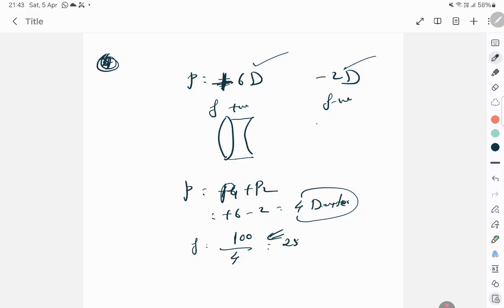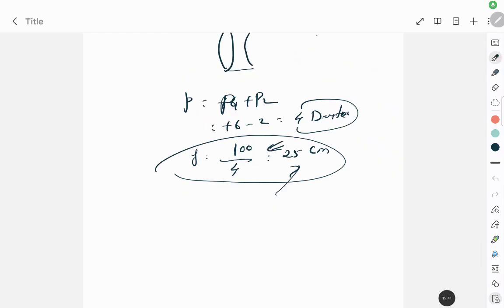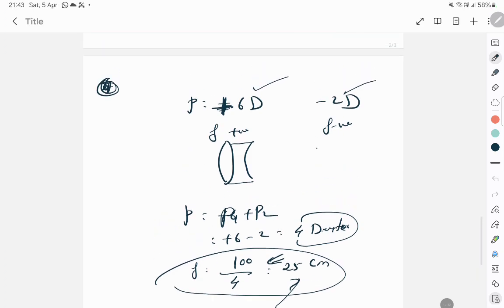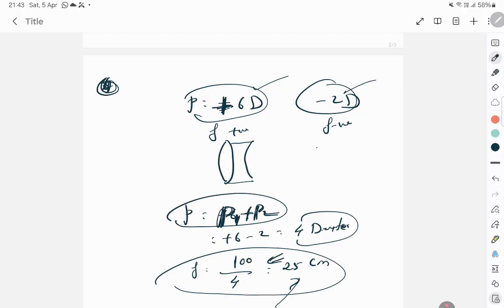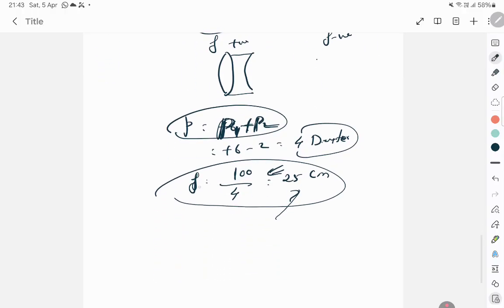So I can write 25 centimeter as the combination's focal length. That's right, kids. 25 centimeters, right answer. Very, very important sum. When they give you power, calculate the total power. Once you calculate the total power, then find the effective focal length, or equivalent focal length, of the combination. I hope it's clear.